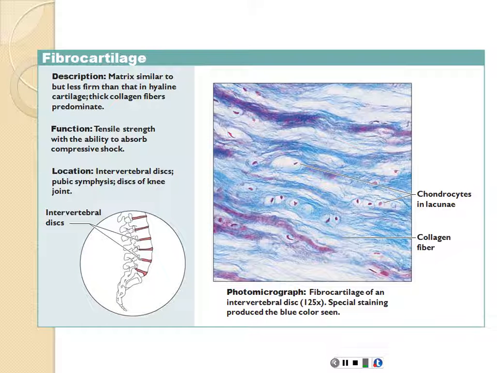The fibrocartilage here is found in the intervertebral disc. You know where those are? You have the vertebrae, which are bones. In between each vertebra, you have cartilage pads, and they are called intervertebral discs. They're pretty strong and flexible to an extent, but they allow for shock absorption.